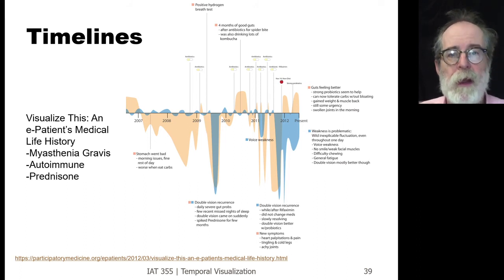Basically, I'm imagining that the prednisone that he or she was taking suppressed the immune system, which allowed a stomach infection of some kind to take hold and disrupt the patient's health.